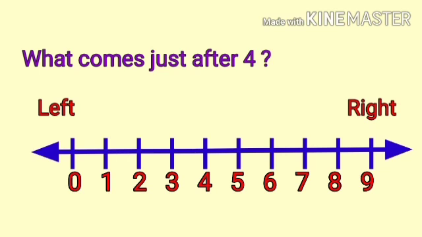Next we should mark 4 as the starting point to make a jump towards the right side because we are taking the after number. Now take a forward jump from 4 to 5 to get the just after number for 4, that is 5. So the number that comes just after 4 is 5.